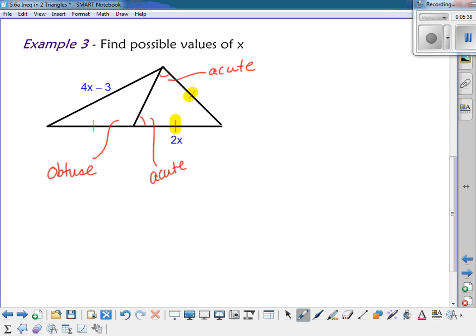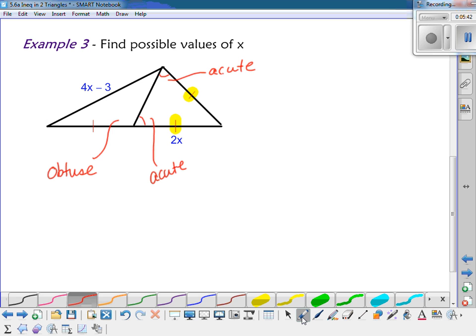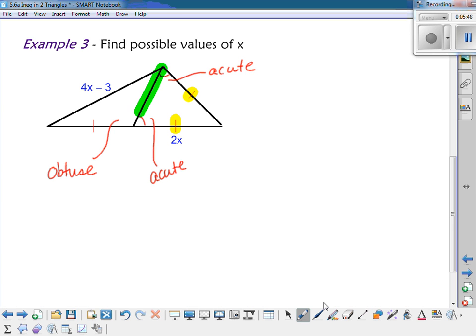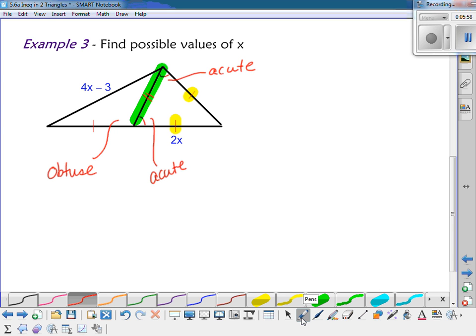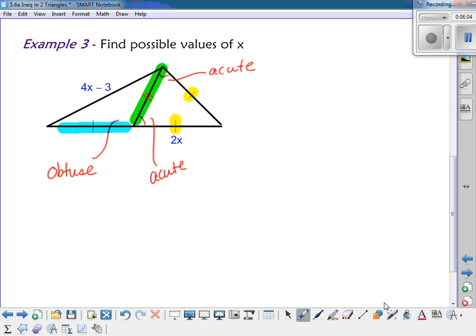Now what I need to see is, do I have two pairs of congruent sides? Well, I do. It's just a little bit tricky because I'm sharing a side. So that's one set of congruent sides. I'll mark that with 2 hash marks. And then my other set of congruent sides can be these here.